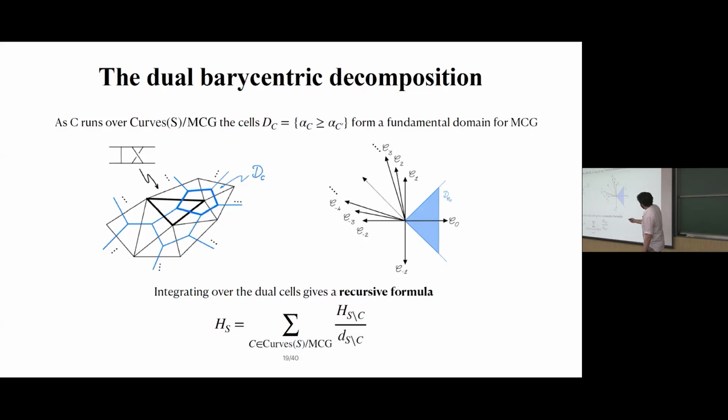And so if this is maybe a section of our original decomposition of the curve space into Feynman diagrams, the black triangles could correspond to Feynman diagrams. And these cells are these dual barycentric regions. So you see they receive a bit of contribution from many diagrams.